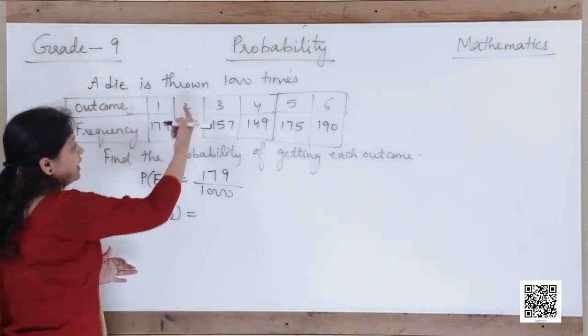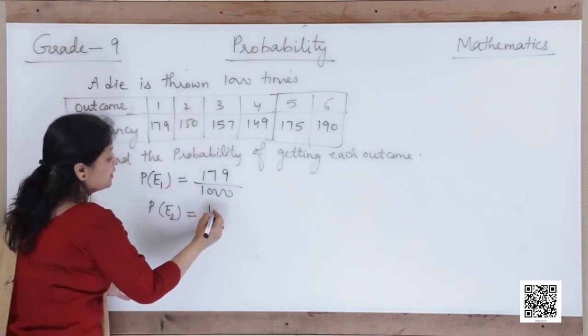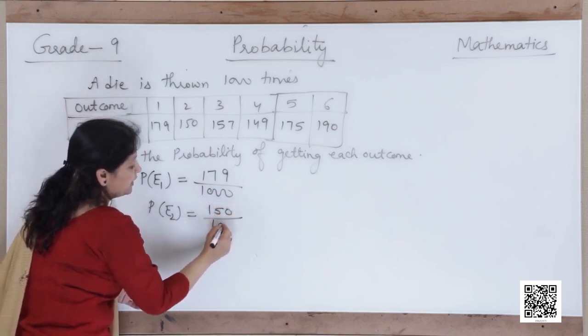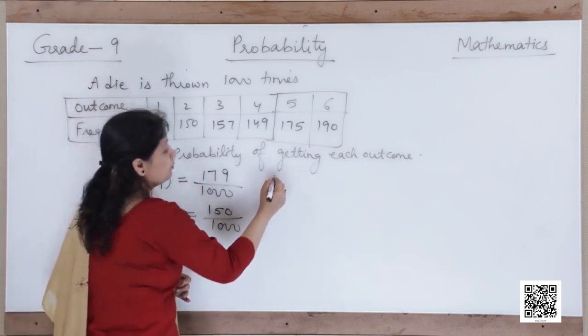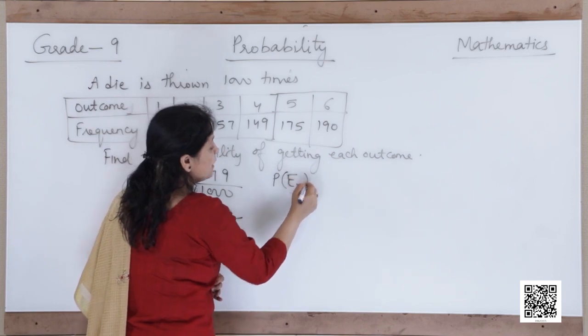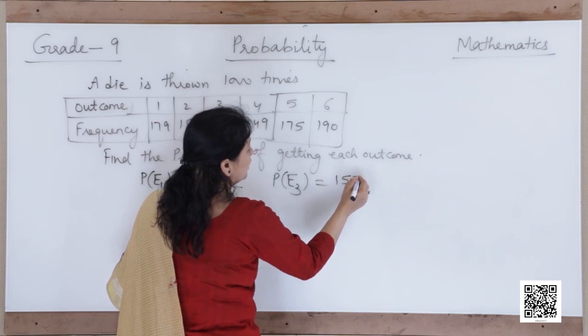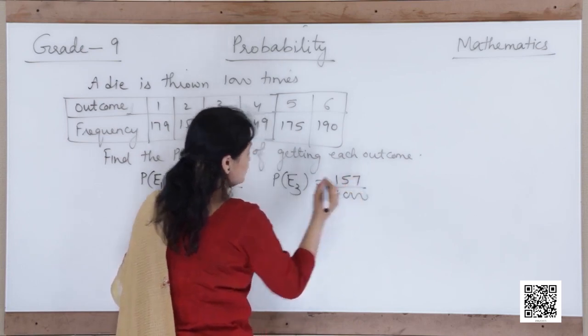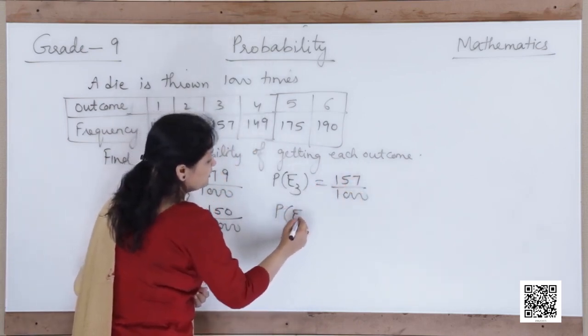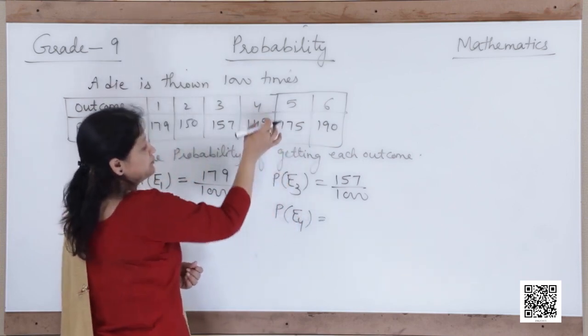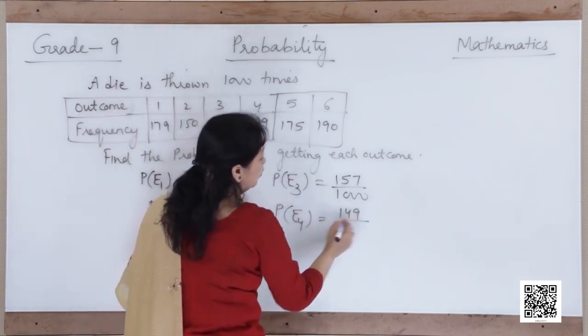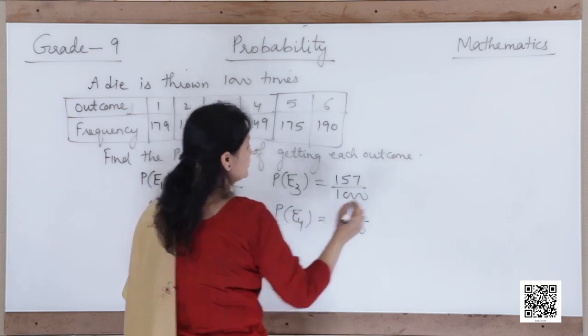So E2, how many times number 2 occurs? 150. So 150 by 1000. Similarly, probability of E3 means number 3. So number 3 occurs 157 times. 157 by total is 1000. Number 4, E4, which is 149 times, 149 by 1000.